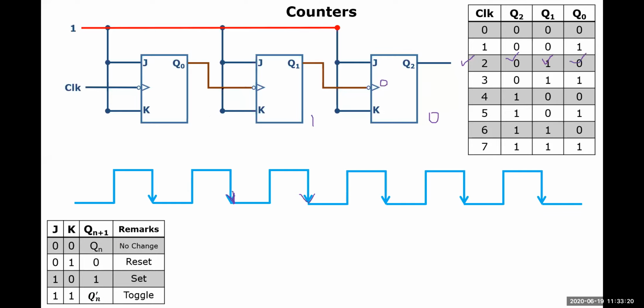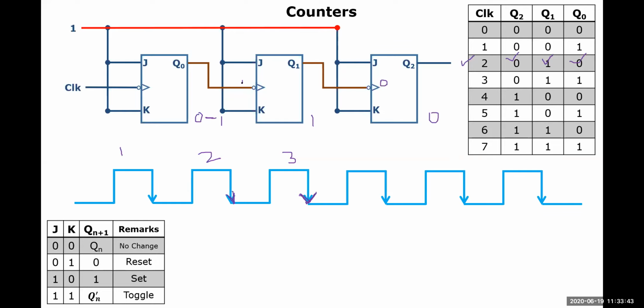And Q0 equal to 0, the output of this one is 0. Now, this is the third one. So this is the first one, this is the second one, and this is the third one. For the third one, negative edge triggering takes place here. So now the value has been toggled from 0 to 1.